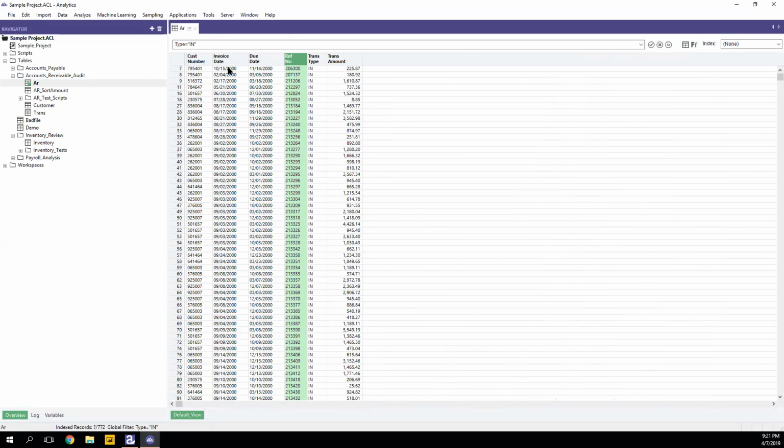So early on, 10/15/2000, so that means that 15th of October, we've issued the invoice, and it's probably not been paid already.